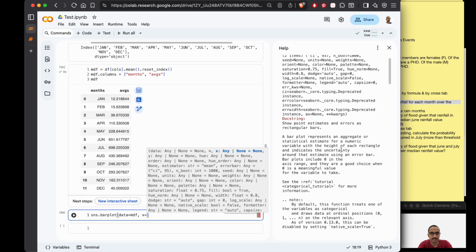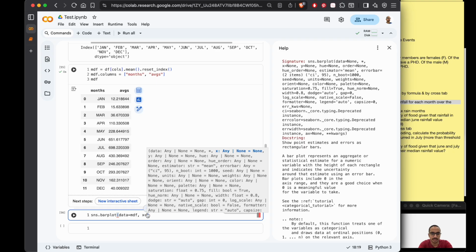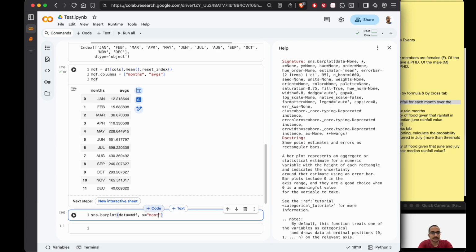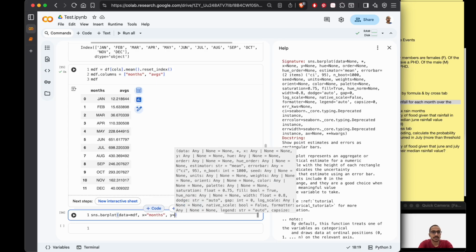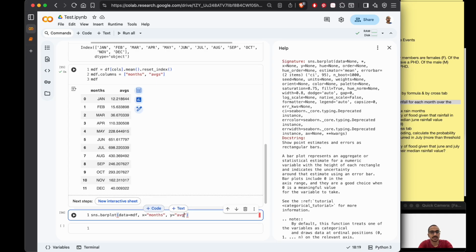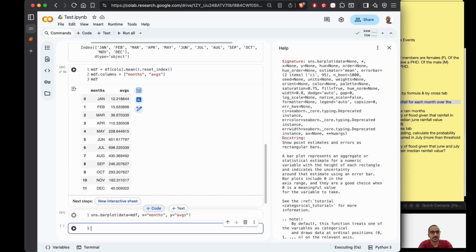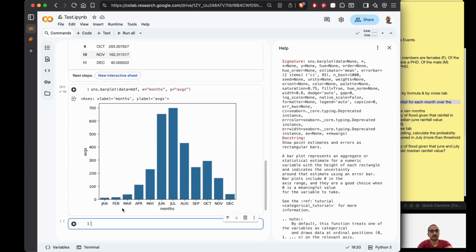So we have to pass the names of the variables, which is the month, x is months, and y is avgs. Let's see, and there you go. That's our plot. So from this plot, what can we infer?